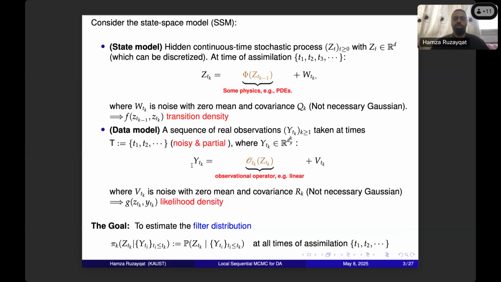We also have a model for the data: Y_{t_k} is some operator applied on the state Z_{t_k} plus noise of zero mean and covariance matrix R_k that is not necessarily Gaussian, and this will introduce a likelihood density that measures how close the state is to the data. The goal is to estimate the filter distribution, which is a conditional distribution, the probability of the state at time t_k given all the data up to the current time at the assimilation times.